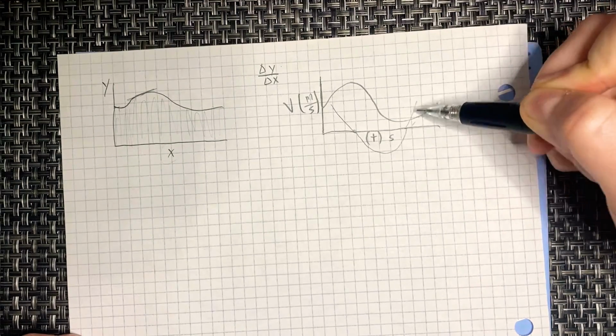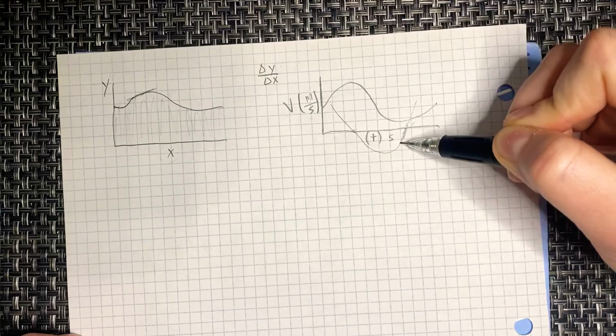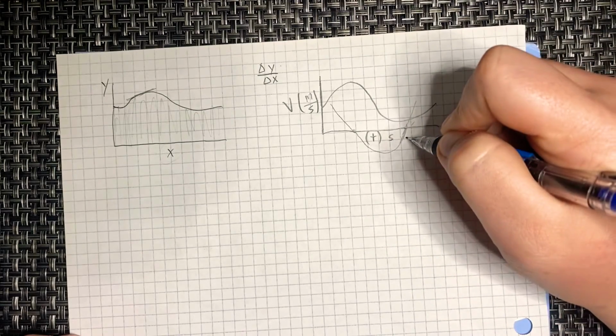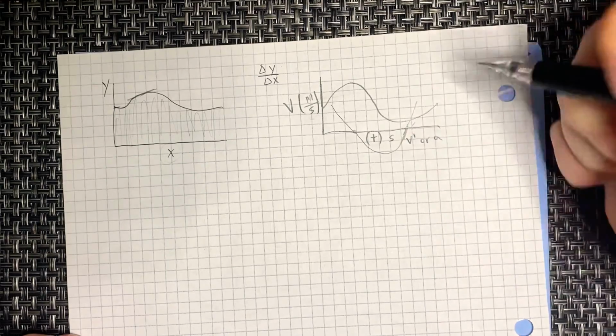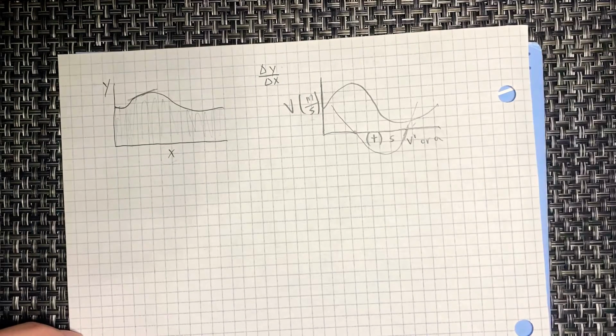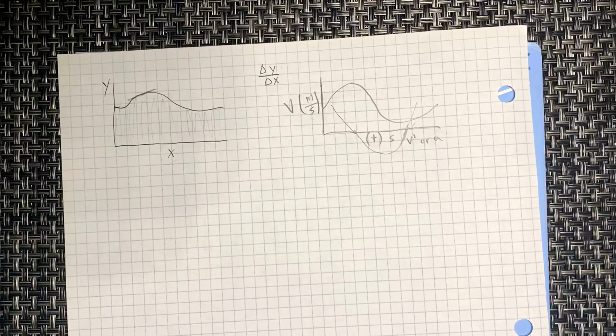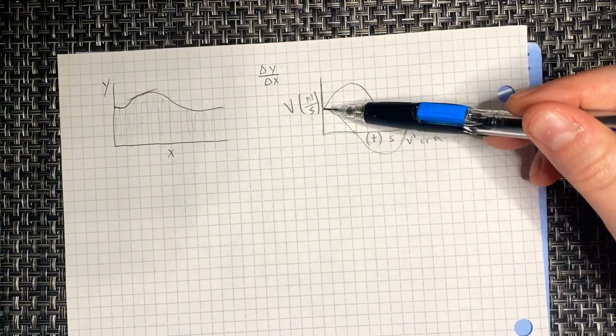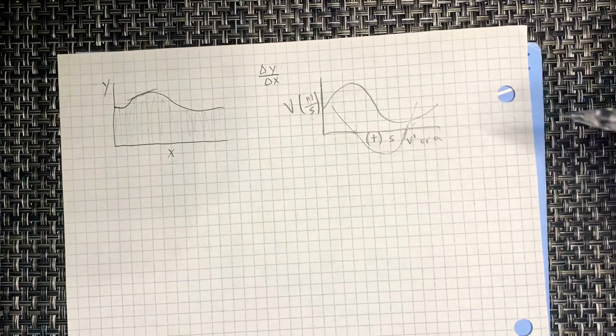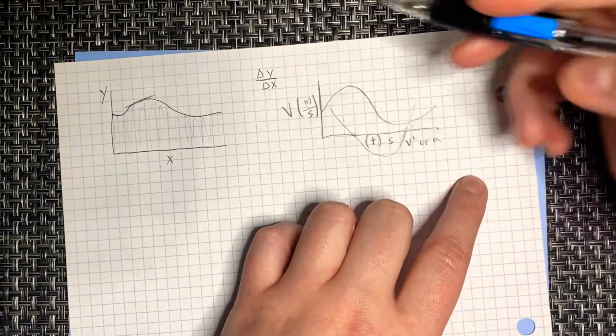Of course these are just estimations, and you learn this when you graph things. So I'm going to call this my v prime, or a slope. That's just showing you an example, and that's a graph of the slope of velocity.